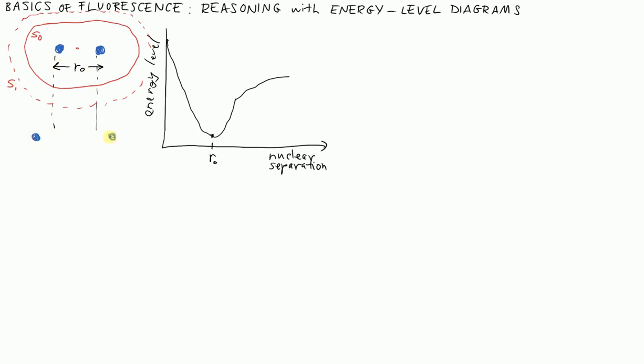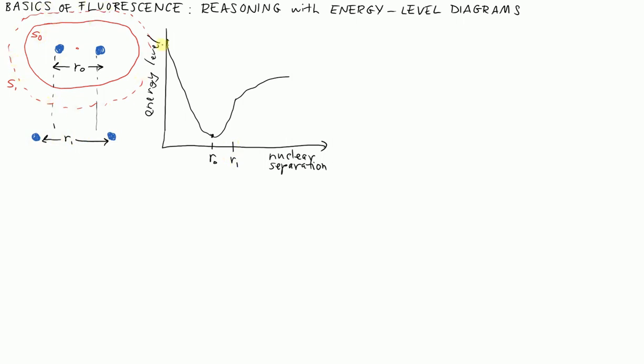Maybe we write this now as their new equilibrium separation, and this distance here, R1, which is clearly greater than R0, I'll draw in over there. So I could make another mark on this axis here of nuclear separation and say that's the equilibrium separation when the molecule is in its excited electronic state.